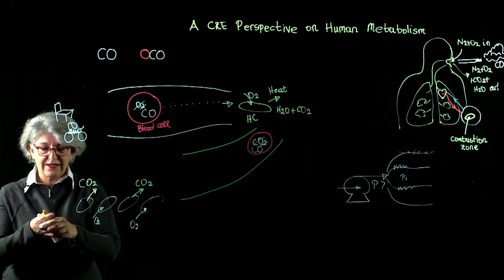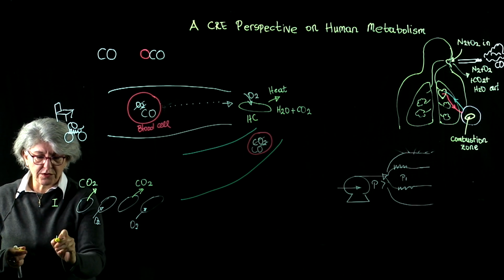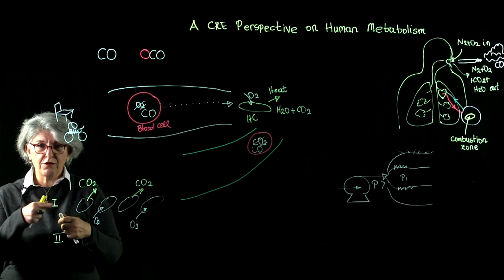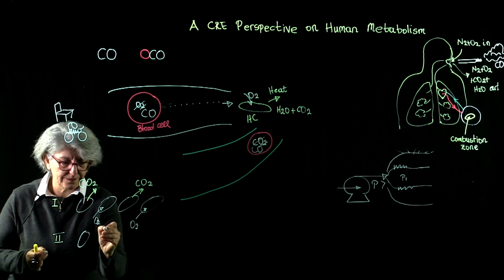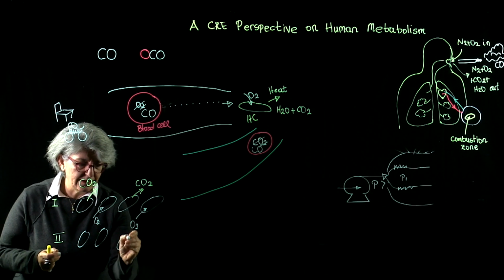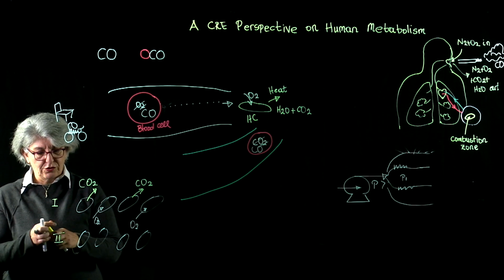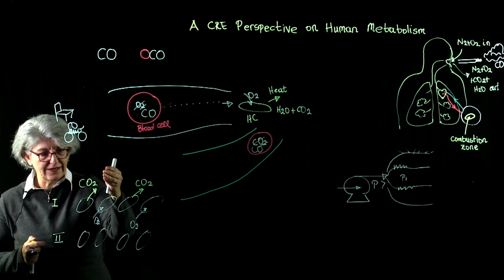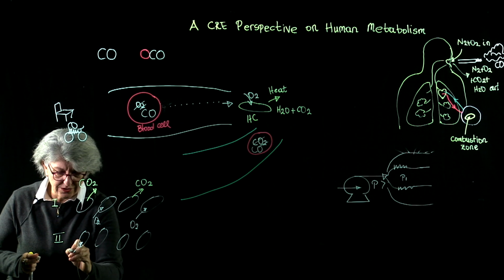So this is moment 1. In moment 2, depending upon our metabolic rate, this cell and its neighbor are going to change the task. This cell has discarded its carbon dioxide. Now it can intake oxygen.